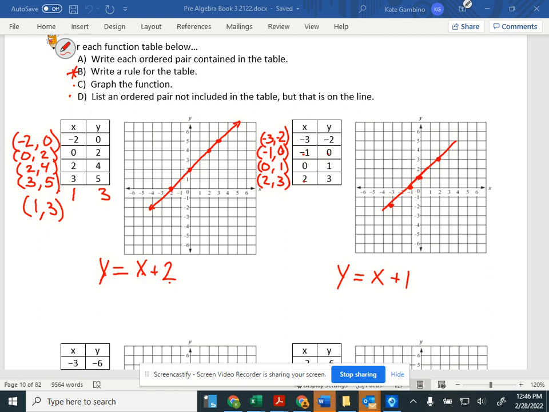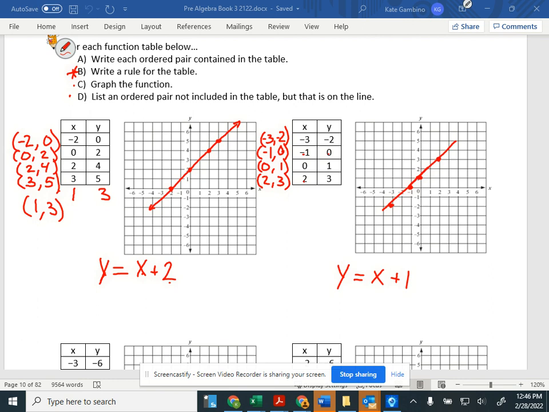The big thing to figure out is what the rule is. How do I go from my x to the y? It's not always going to be adding or subtracting. It's algebra. We have multiplying and dividing also. So if they're not all increasing, we have 4 different inputs into our function table.